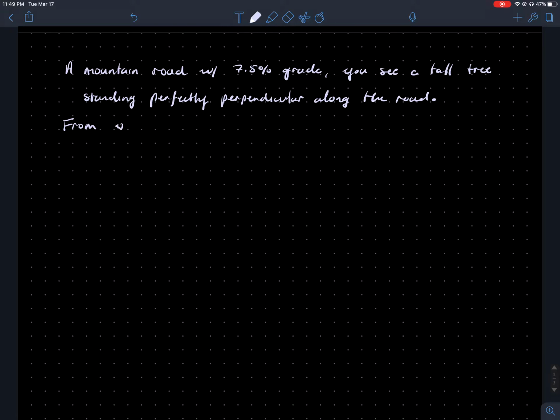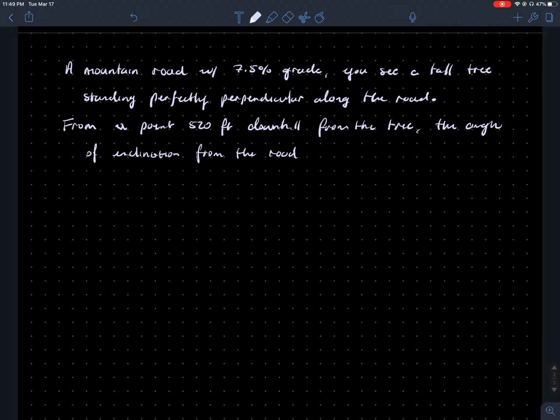Then, from a point 520 feet downhill from the tree, the angle of inclination from the road to top of tree is 5.8 degrees. What is the height?